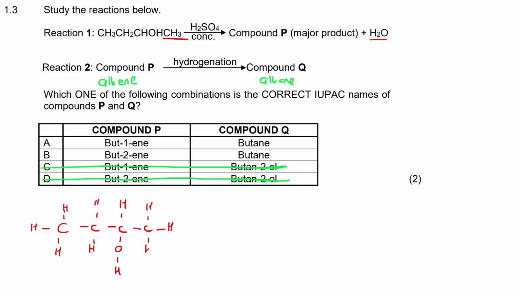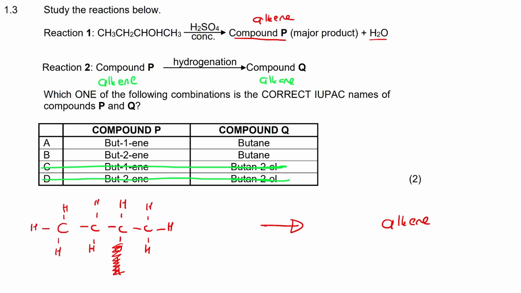Okay. They then react that with some concentrated H2SO4. Now we know that the product, compound P, is an alkene because it's the same compound P over here. So we know that we're going to produce an alkene. So we know that we need to produce a double bond. So that means we're going to have to lose this OH for sure.